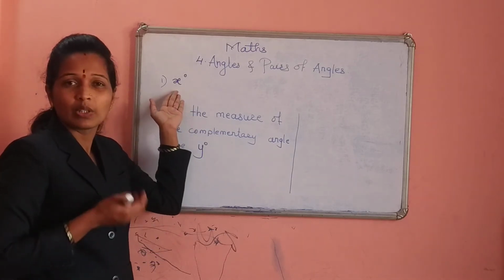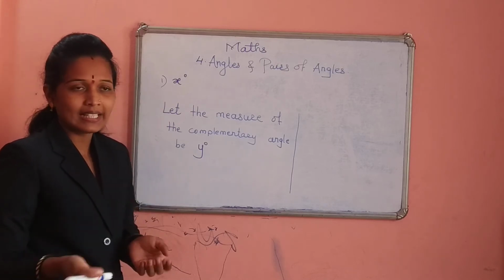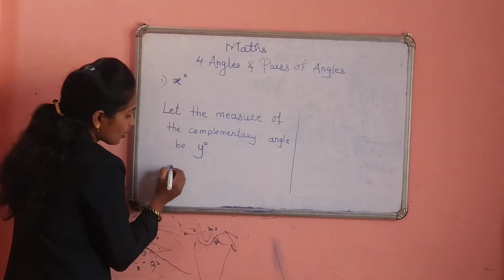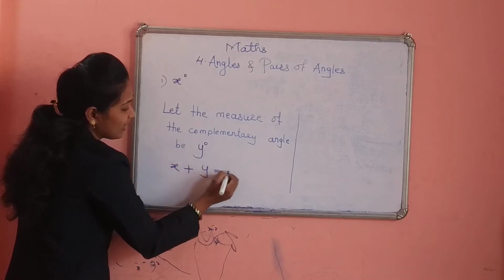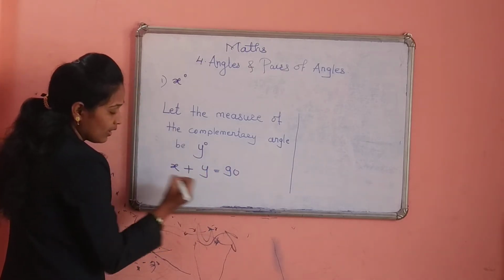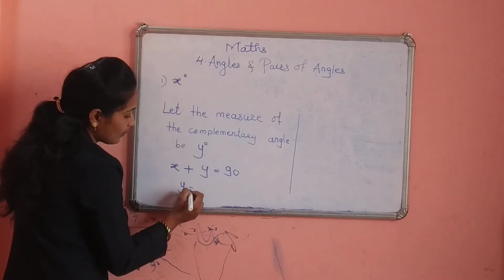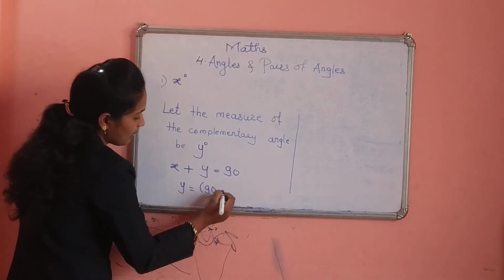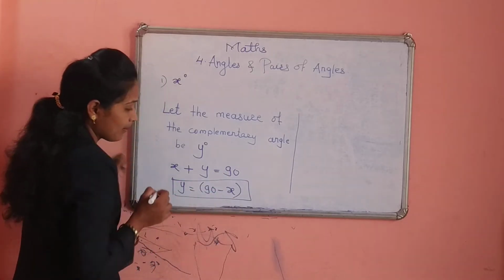No angle is given, only variable. So we know that the measurement of complement is 90 degree. So whatever angle is given, x plus y is equal to 90. So x is positive, that side it is negative. So y is equal to 90 minus x. Therefore the value of y is 90 minus x.